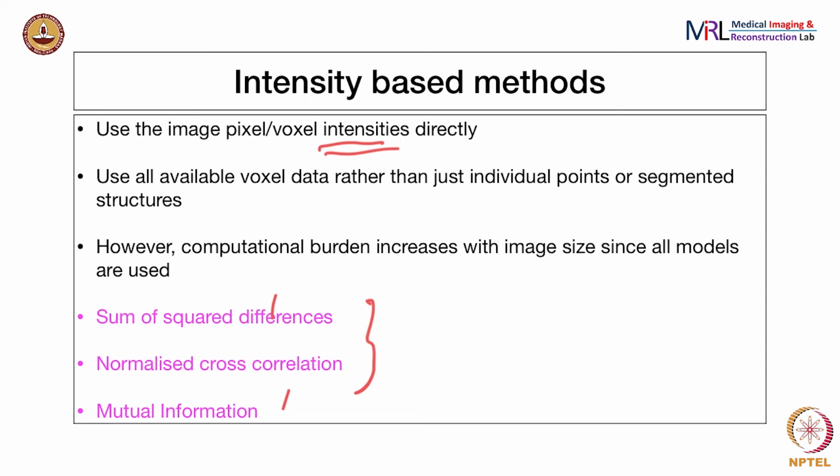So basically, the idea is you have to find a mapping or a transform from fixed image to moving image, and in order to find that transform, you have to use some information from the images, and this information could be in the form of landmarks or segmentations or just the plain intensity of the pixels.